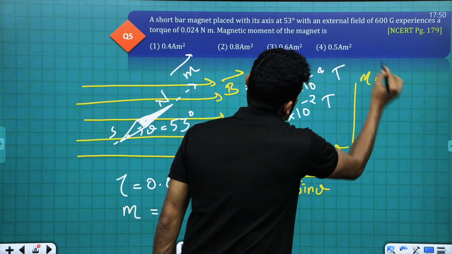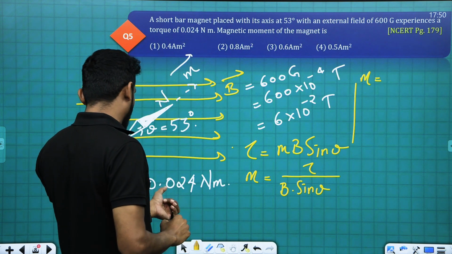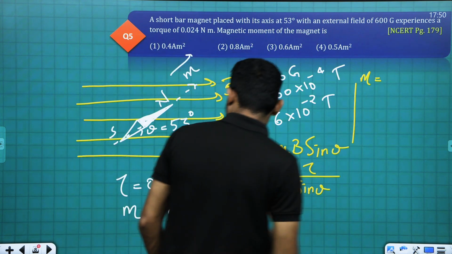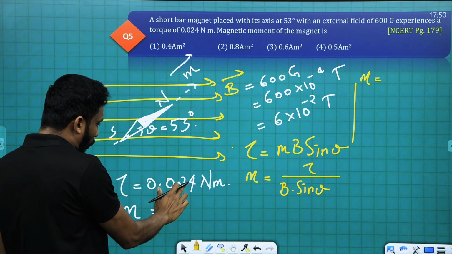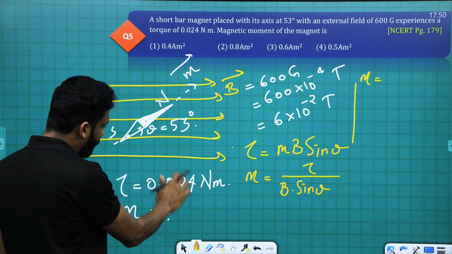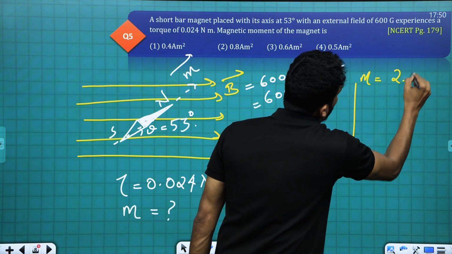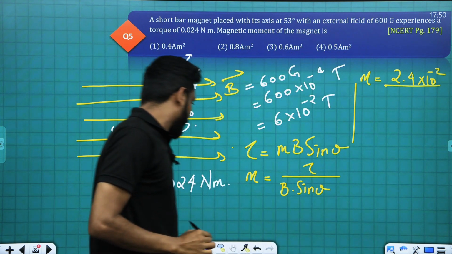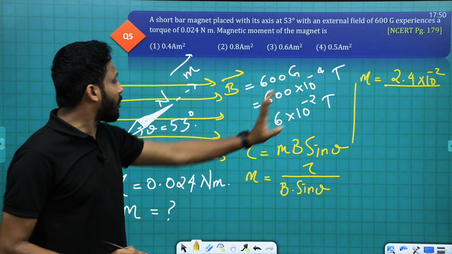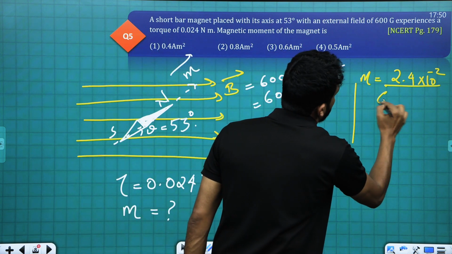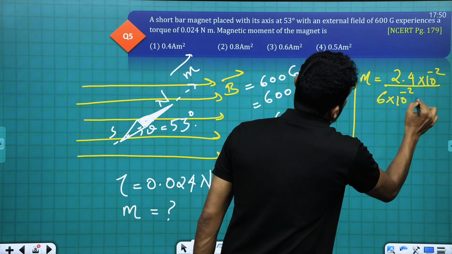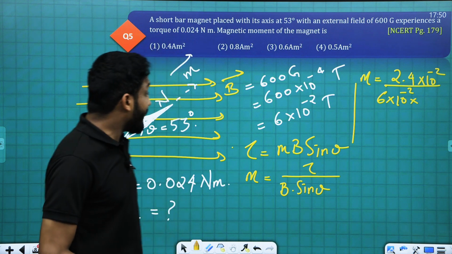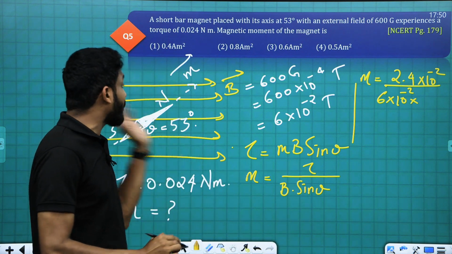M is equal to, how much is the torque? 0.024, that is equal to 2.4 into 10 power minus 2, right? Divide by the strength of the field, 6 into 10 power minus 2. And sin theta, sin 53 degree.